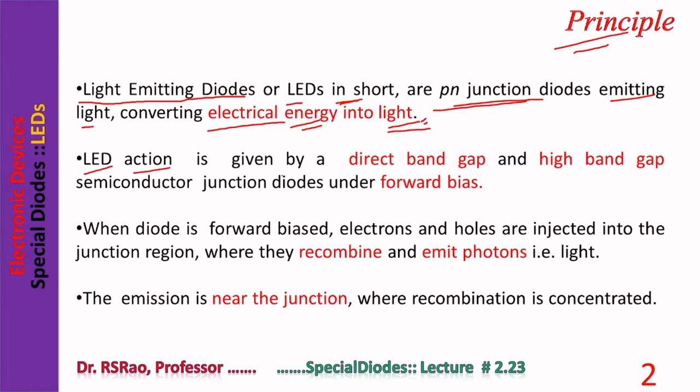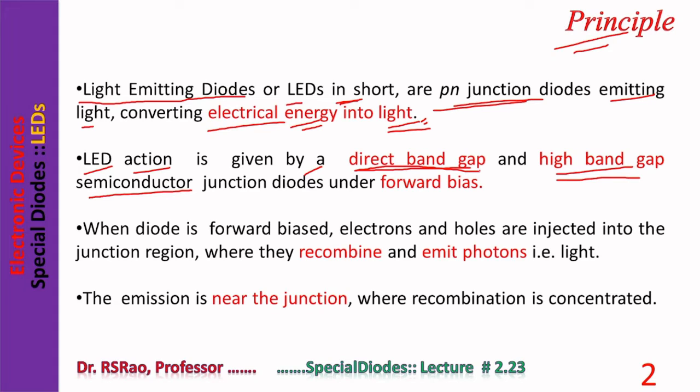LED action is given by diodes that are made with direct band gap and high band gap semiconductors. This is the point. The semiconductors used for fabricating LEDs must have a larger band gap, and they must be of direct band gap type.